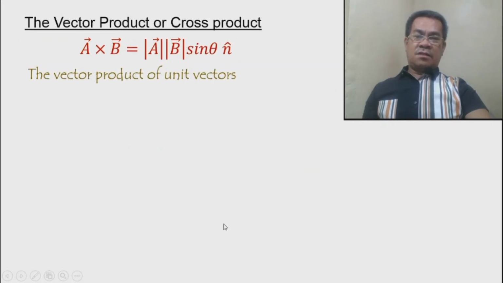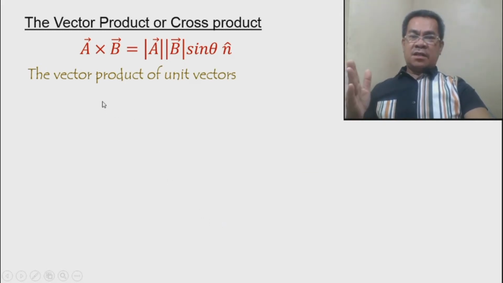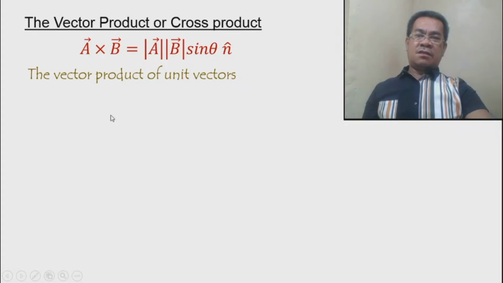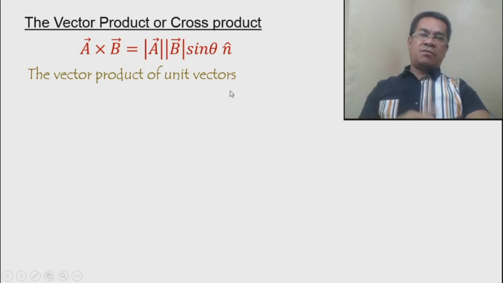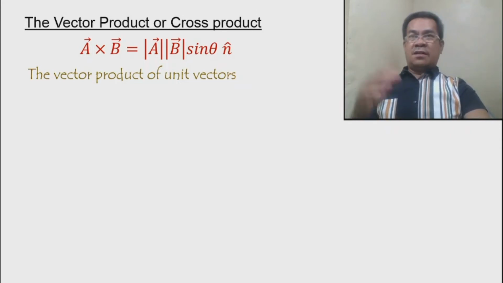Okay? So now, the question is, what is the cross product, the vector product, of unit vectors? Just like what we did in scalar, where we found the dot product of the unit vectors. We found that I dot I is 1, J dot J is 1, K dot K is 1.